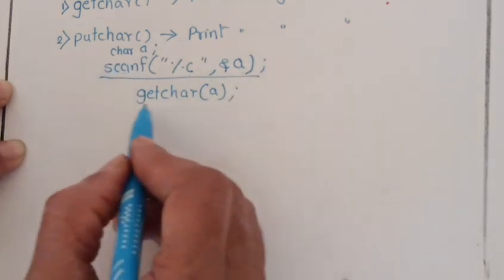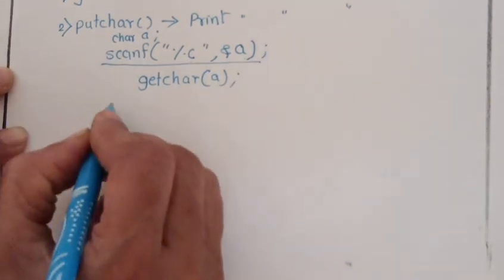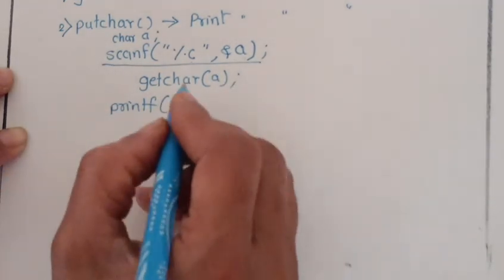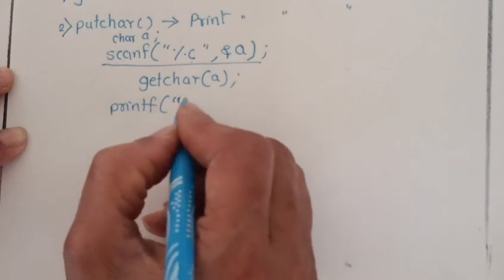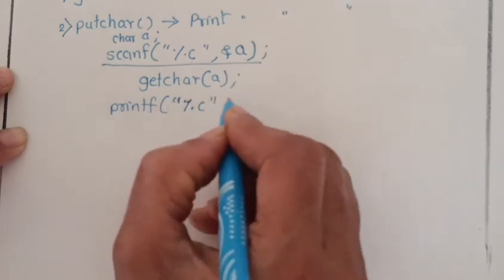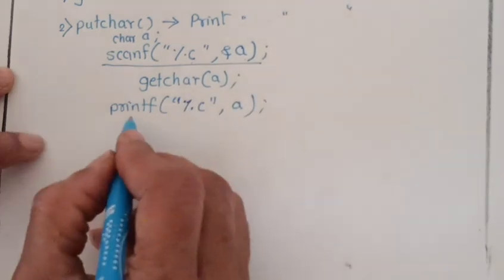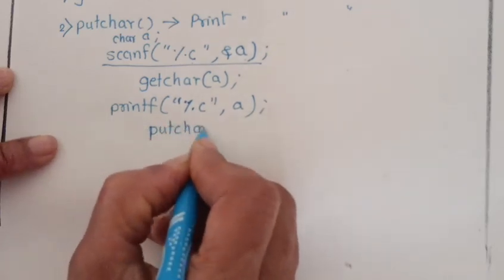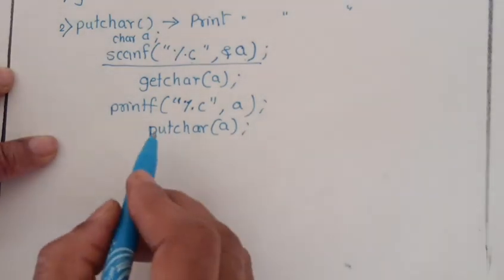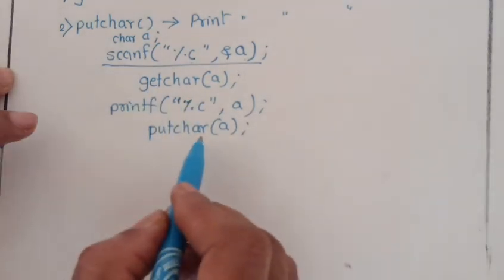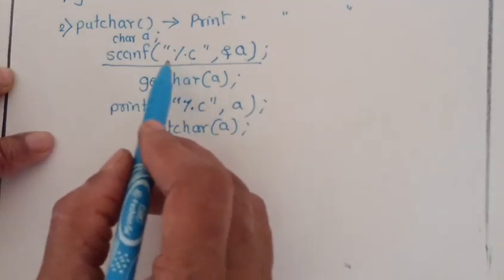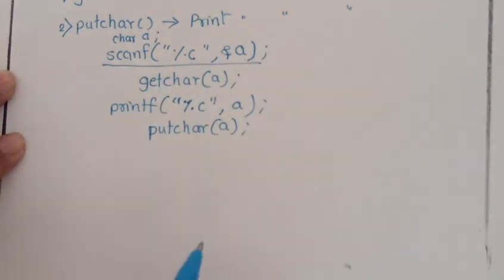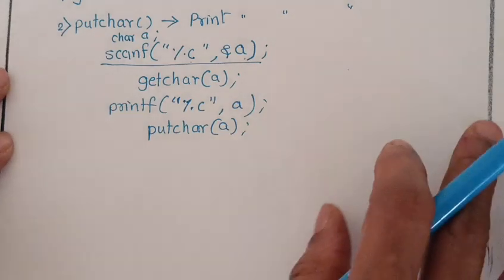Instead of this, you use putchar with the variable. So in unformatted IO functions there is no need for a format specifier while reading or printing a character.